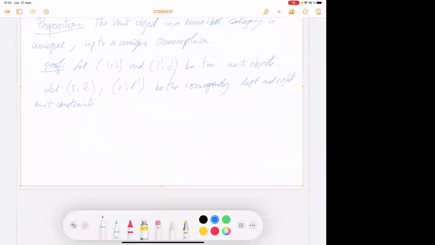So how to go? The goal is to go from there to there. How to do that? Now you have all the tools we need.